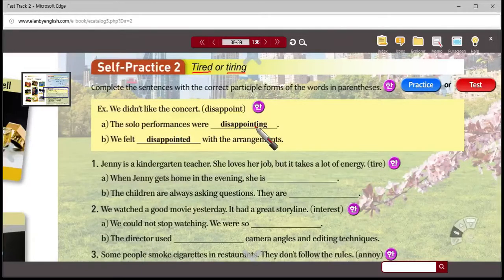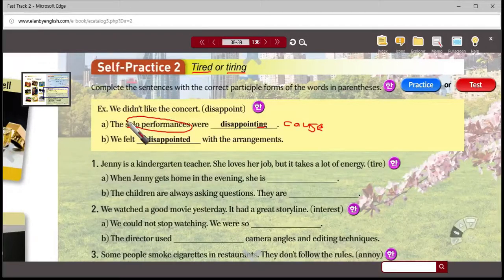When you're using the ing form, you're talking about the source, the cause. Okay, I'm not sure if I can spell this out here, but if you can have the cause of the actual disappointment, I should say. Okay, this looks a bit scary. There we go, cause. So the solo performances were disappointing, so the solo performances are the cause.